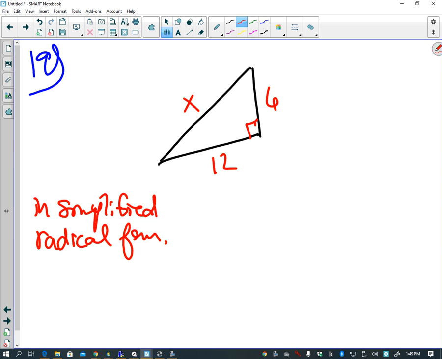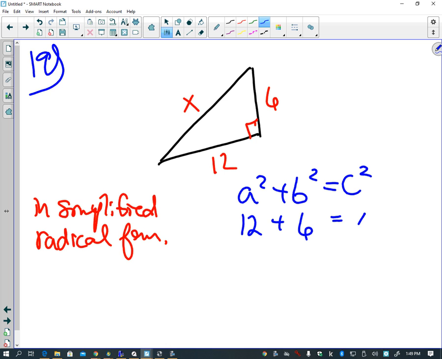Oh yeah. A squared plus B squared equals C squared. Cool. Now what goes where? Okay, good. So 12 plus 6 equals what? X? So 18 equals X? Do what? Square what?